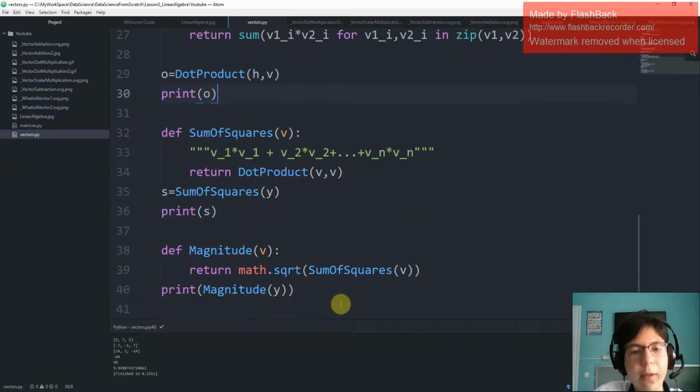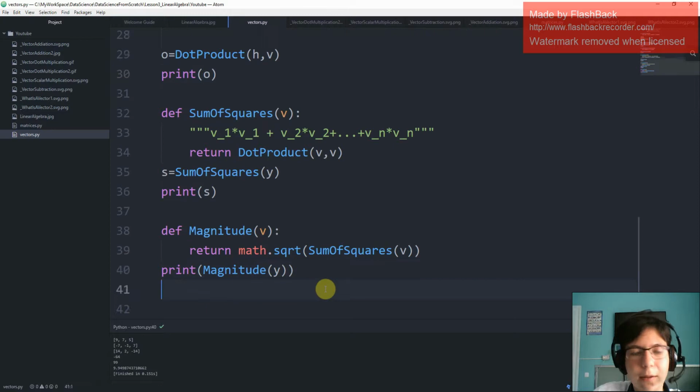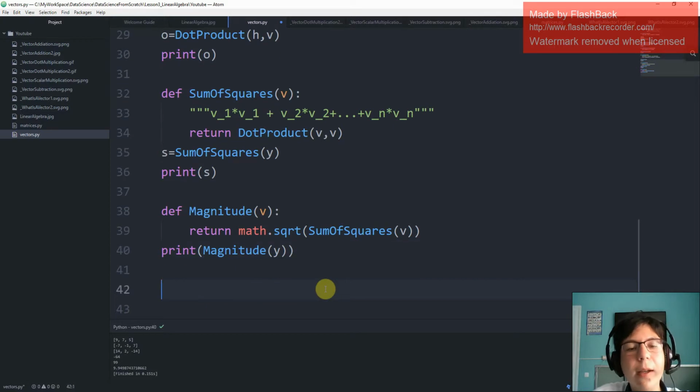Now that we have defined the magnitude, we should move on and define the distance between two vectors.